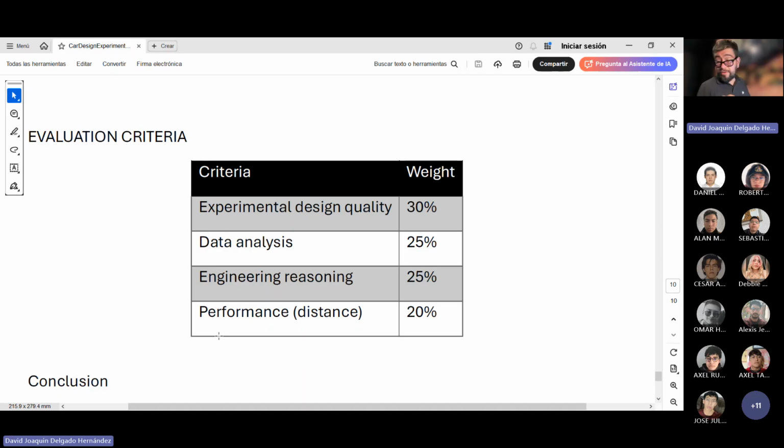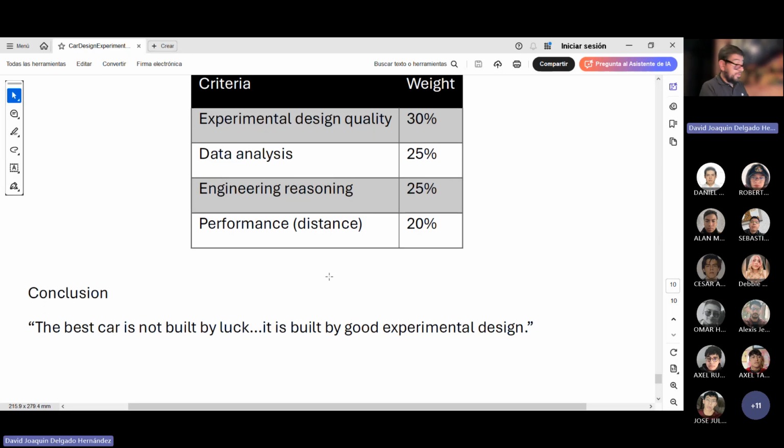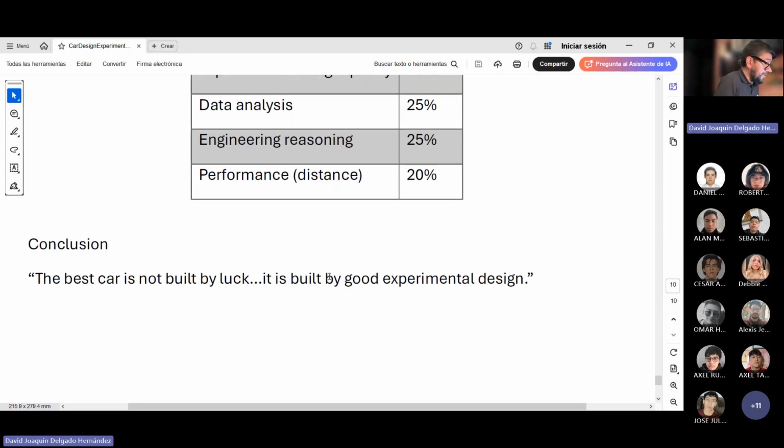What I am going to evaluate is the experimental design quality, which will have a weight of 30%, the data analysis 25%, engineering reasoning again 25%, and performance, the distance, is going to have 20% of the total weight of the experiment. Okay, so in conclusion, the best car is not built by luck, it is built by good experimental design.